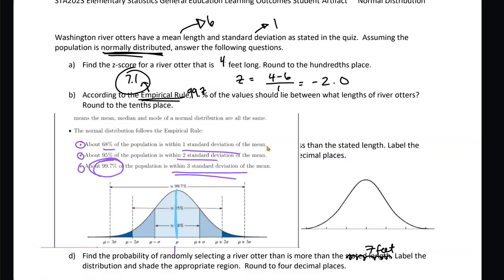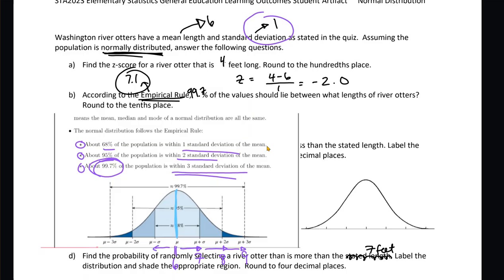So basically, we have our mean here at 6, and it said that 99.7% should be within 3 standard deviations of the mean in each direction. So you take the mean and you add 3 standard deviations to get that farthest right z-score. Our standard deviation is 1, so 1 standard deviation over is 7. The next one is 8, and the final one is 9.